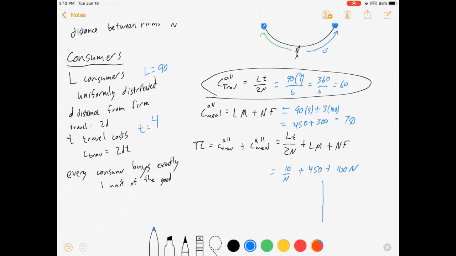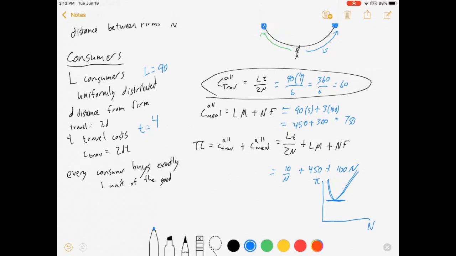If you graph that, it looks something like this. Total cost comes down and then it goes back up and goes up and up and up. And so I'm interested in this point down here with the slope being equal to 0.